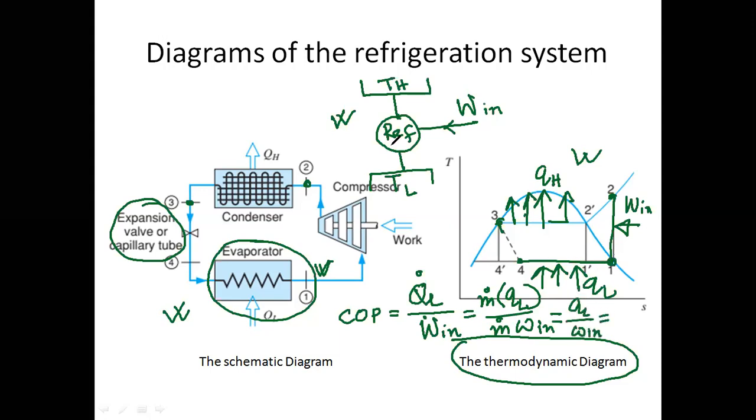QL here is, this is state 1 and this is state 4, so QL will be simply H1 minus H4, and W in is, this is the compression process, so W in will be final enthalpy H2 minus initial enthalpy H1. So this quantity we have to determine, therefore we have to determine H1, H4, H2.